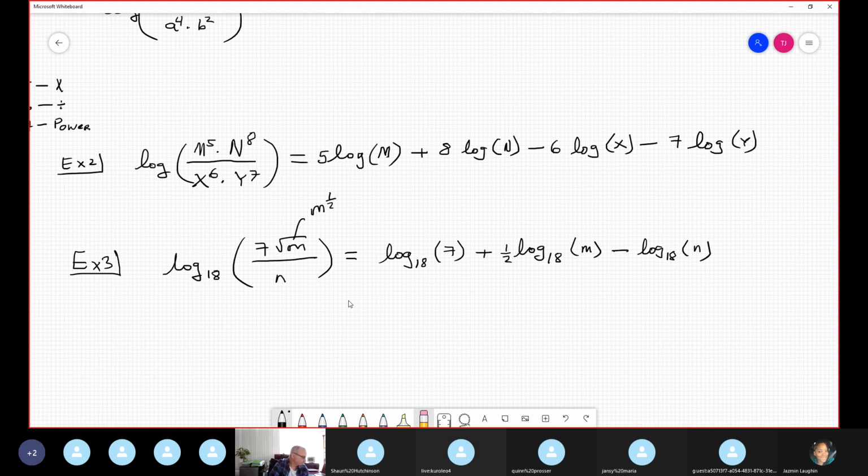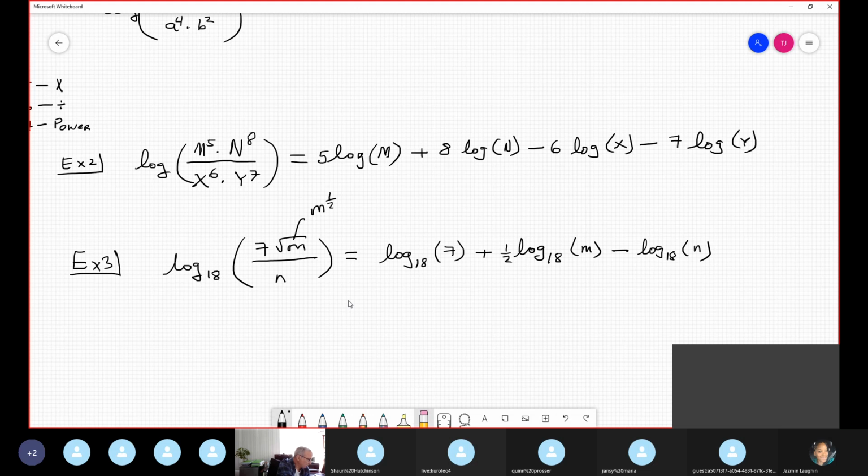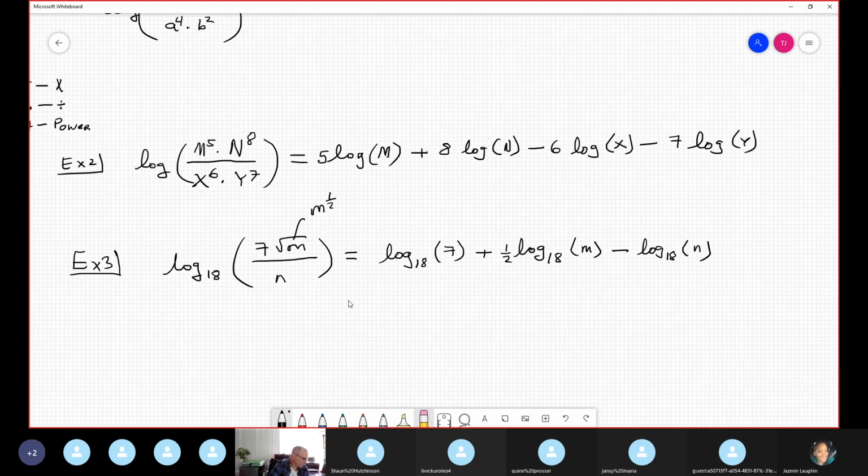One more example or no? Okay, so let's move on to the application. In the application, we study in detail in what part I'm using this property, no?